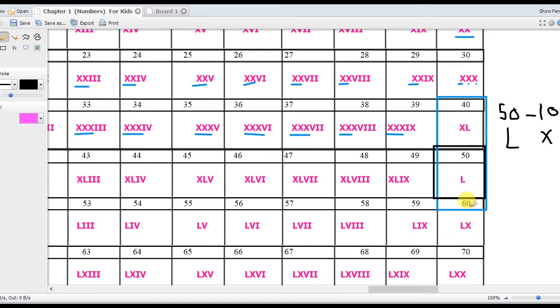Now coming to the next portion, which is 60. So 60 is again 50 plus 10. Why are we adding 10 to 50? Because 50 is one of the basic symbols, right?